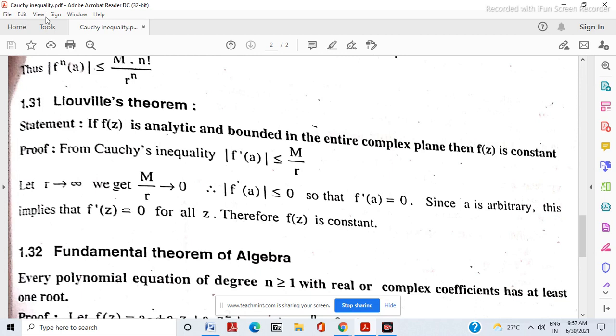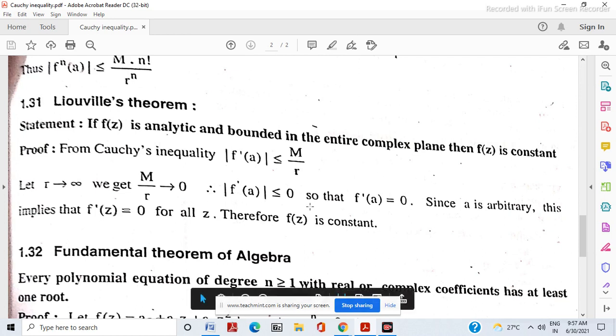Then we take n equal to 1 in Cauchy's inequality. Then modulus of f dash a is less than or equal to M by r. Since it is the entire complex plane, we assume that r tends to infinity. Then M by r tends to 0.